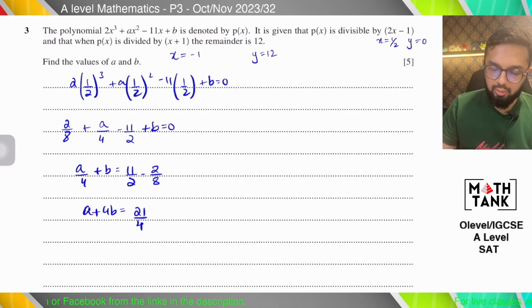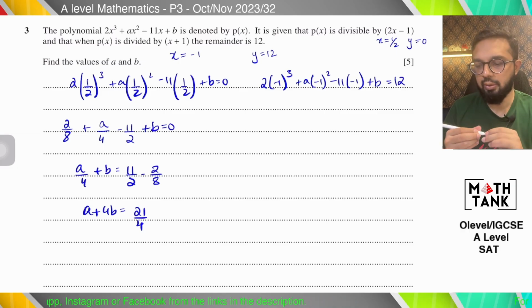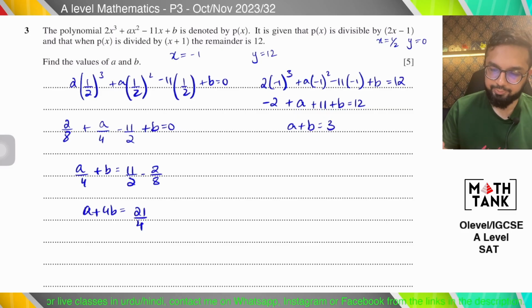Yeah, 21 over 4. Then 2 times minus 1 cubed plus a times minus 1 squared minus 11 times minus 1 plus b equals 12. Okay, that's another equation that I have. So I get minus 2 plus a plus 11 plus b equals 12. a plus b equals 3.